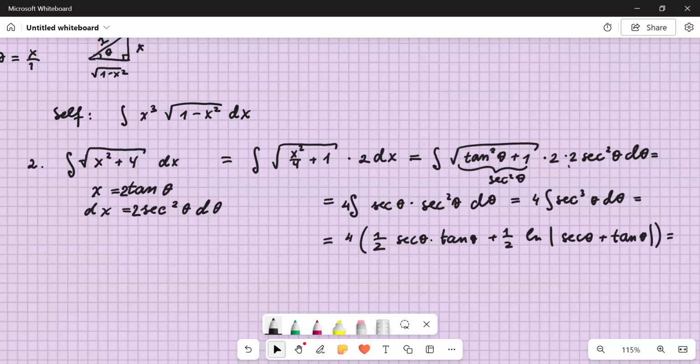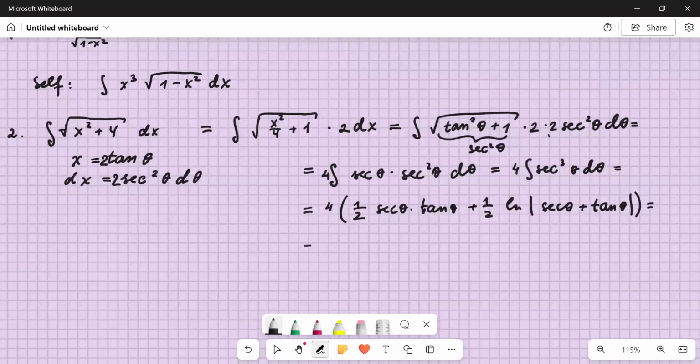Let's simplify it a little bit. If we multiply 4 by these 2 halves, we are just going to get 2 and 2, right? 2 secant of theta tangent of theta plus 2 ln secant of theta plus tangent of theta.